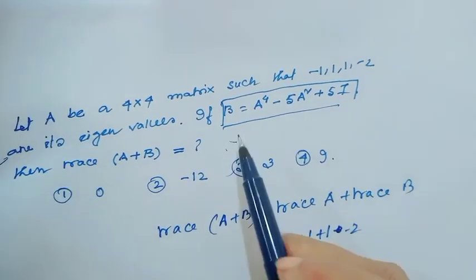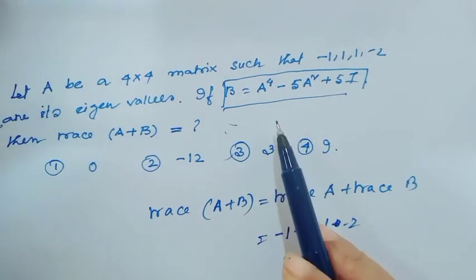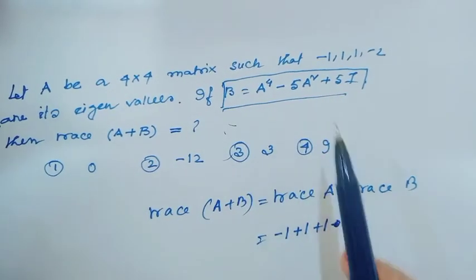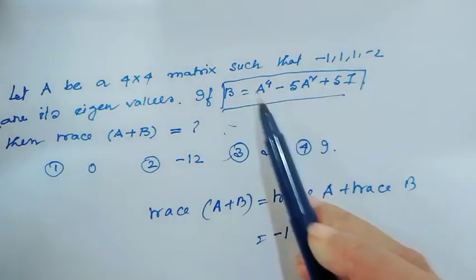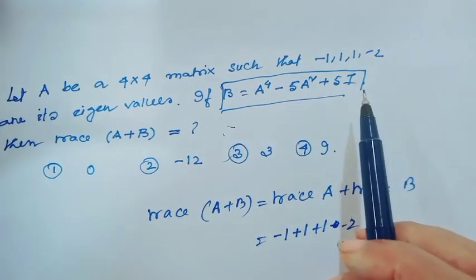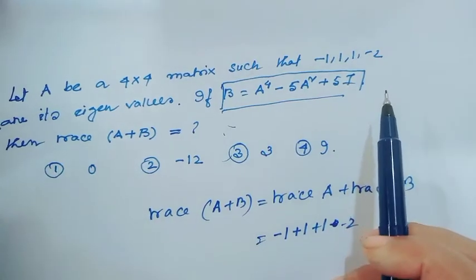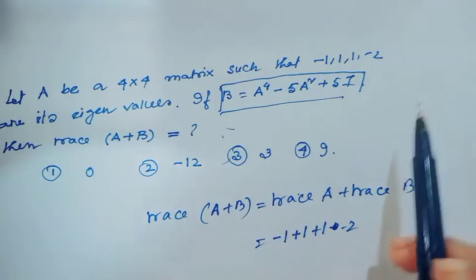And notice B is a polynomial in A. So how will we find the eigenvalues of B? We all of us know, since this is a polynomial equation, if lambda is an eigenvalue of A, then f(lambda) is an eigenvalue of f(A).